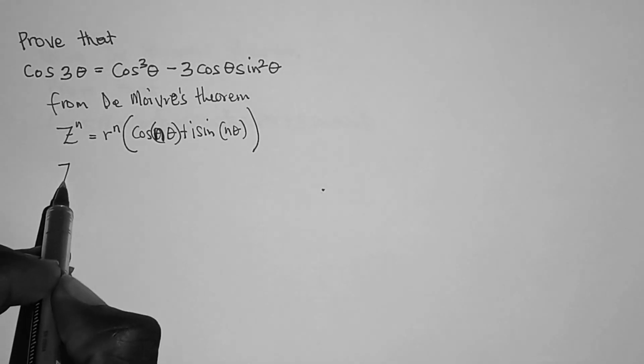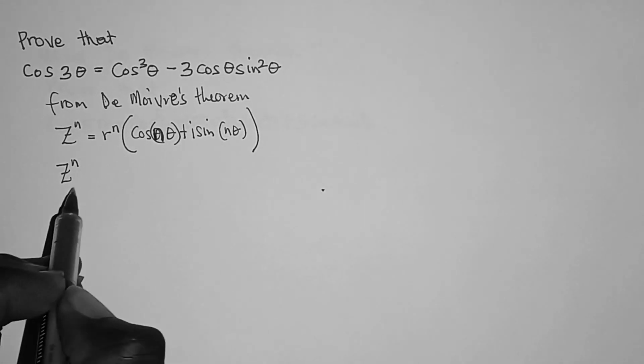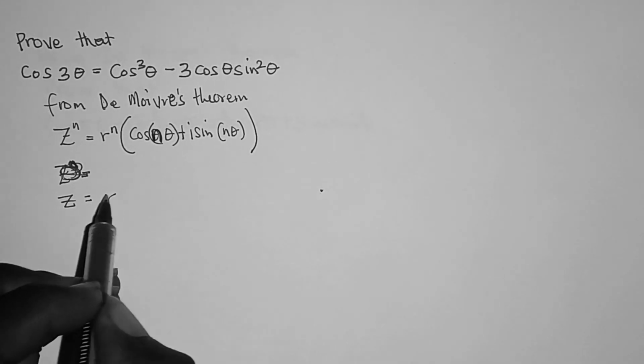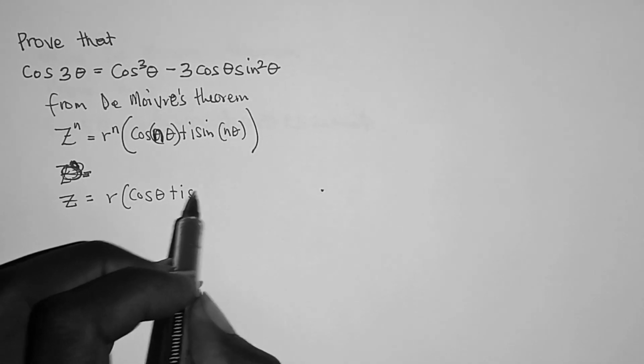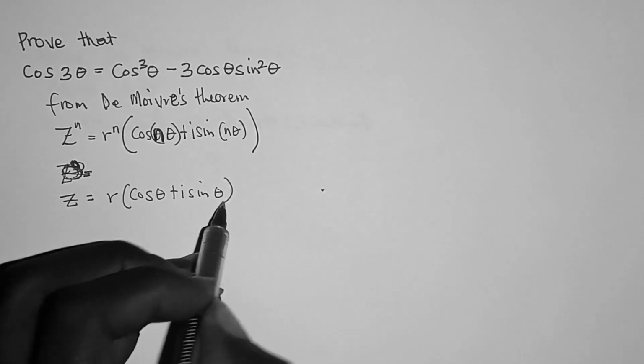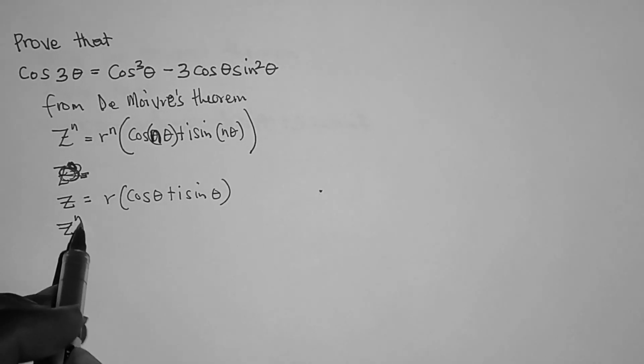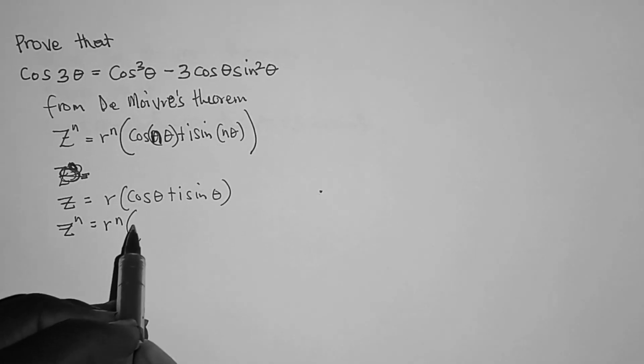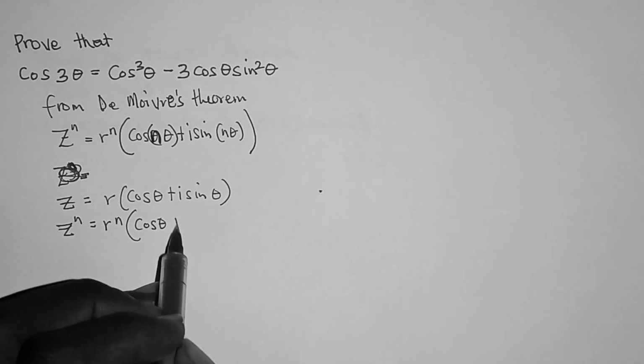But from the complex number in polar form, z is equal to r times (cos theta plus i sine theta). So z to the n is equal to r to the n times (cos theta plus i sine theta) all to the n.